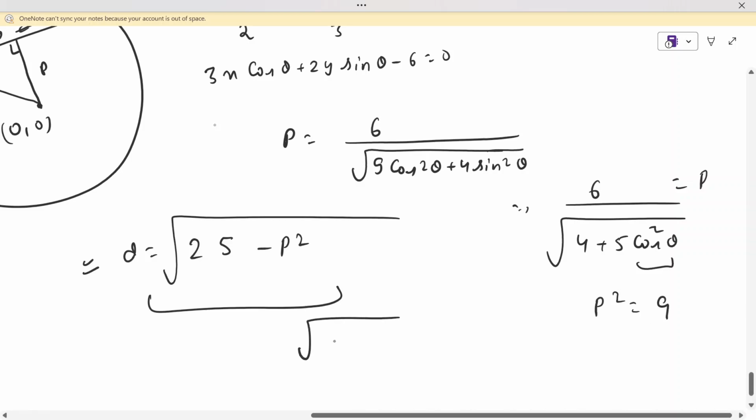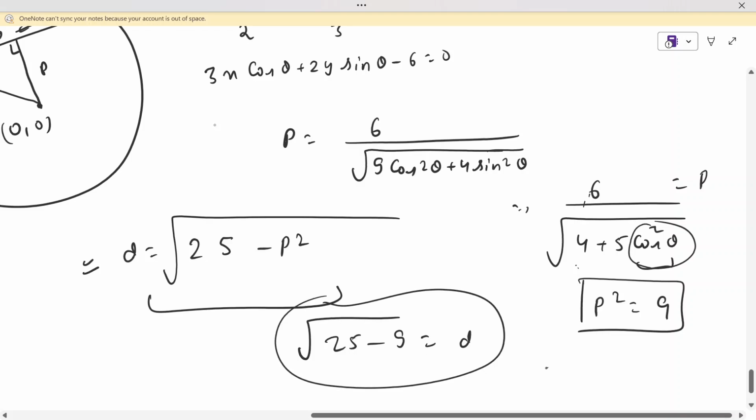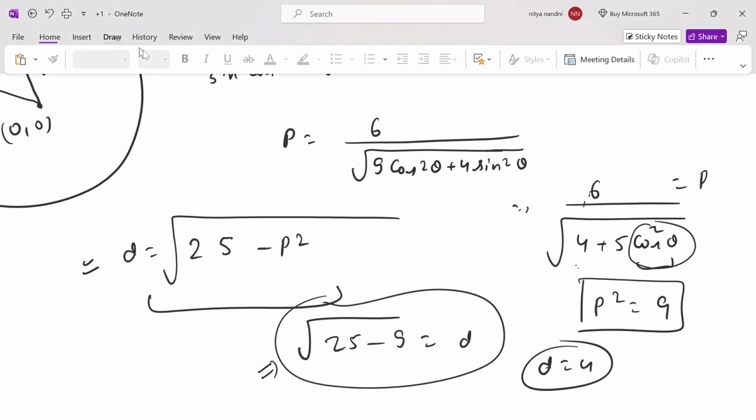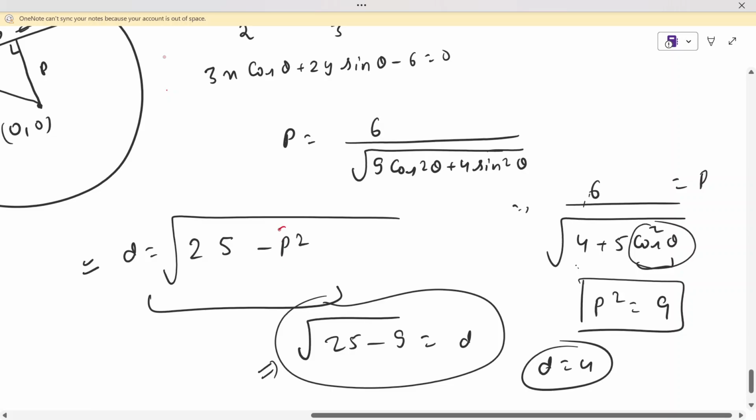So it is 25 minus 9, so d should be 4, isn't it? Wait, p square should be minimized, no? I guess I have maximized or something else.